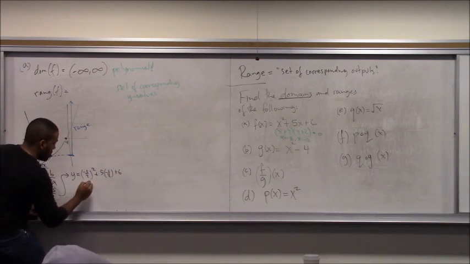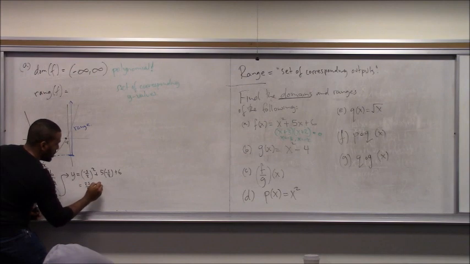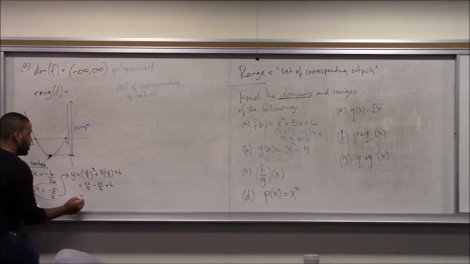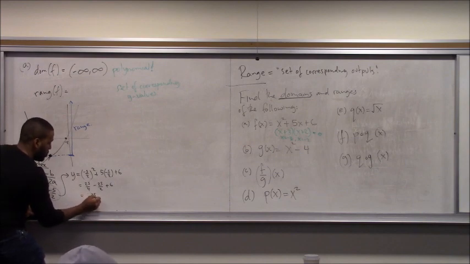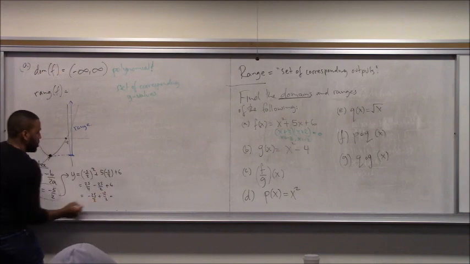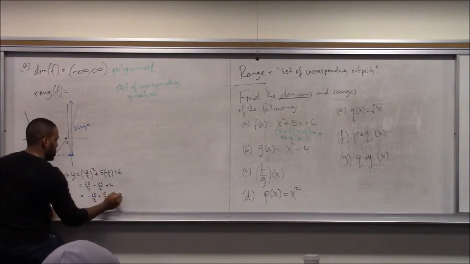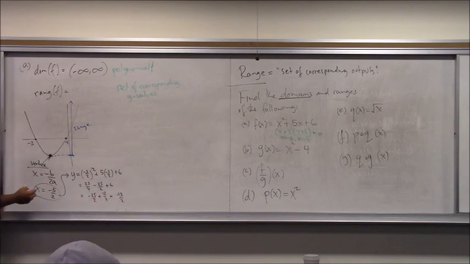So this is 25 over 4 minus 25 over 2 plus 6. 6 would be 12 over 2. So what is that? Minus 13 over 2? Is that right?